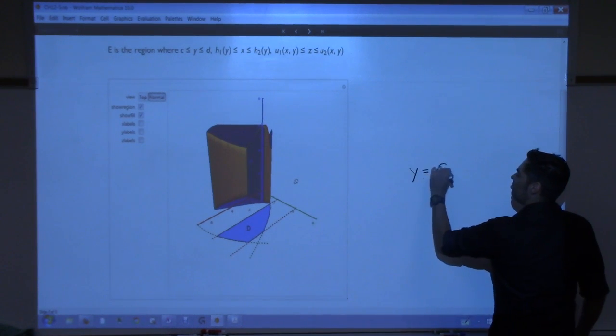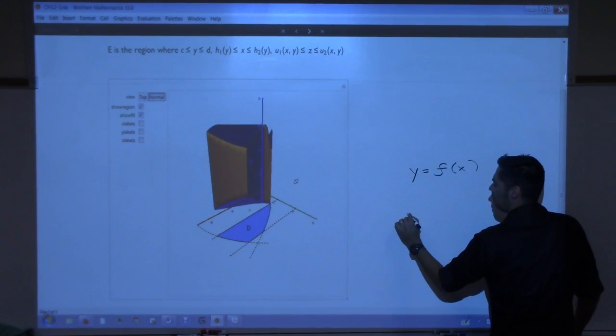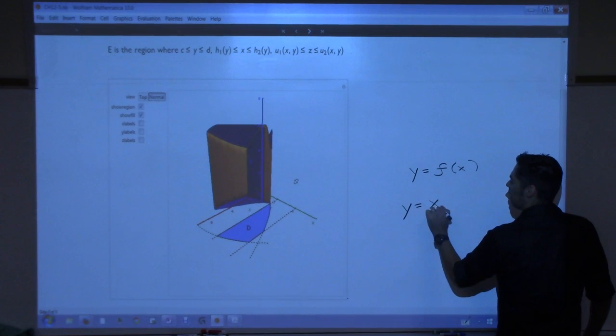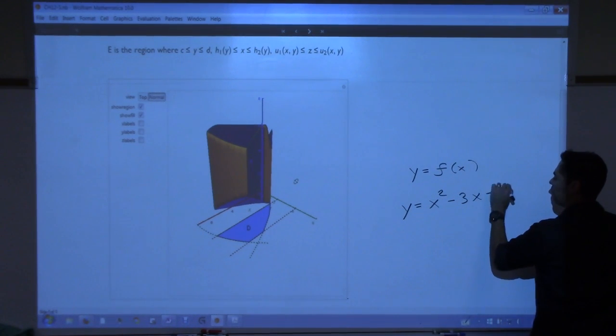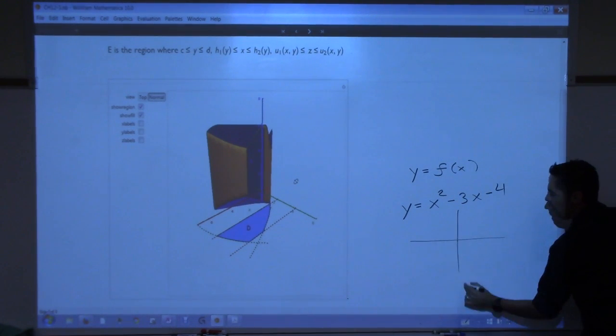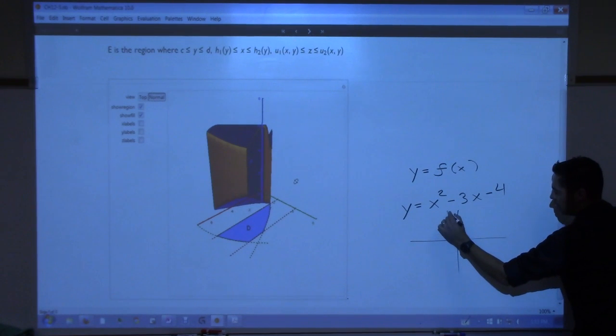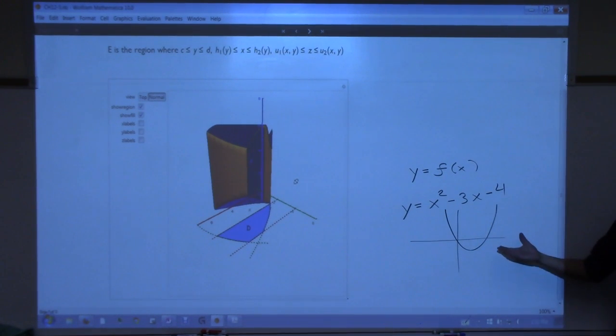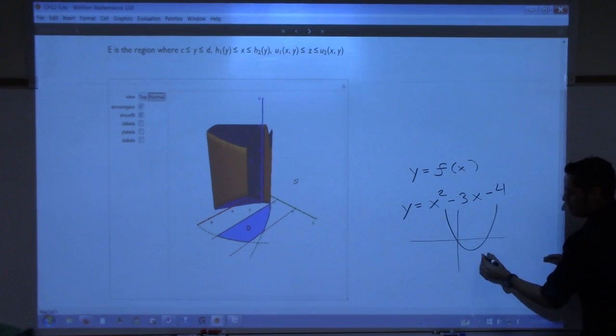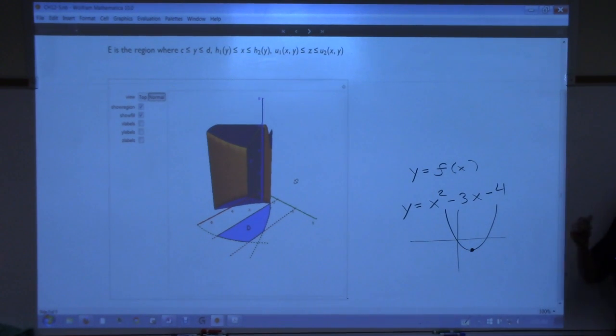Back in Cal 1, if I gave you a polynomial function, something like x squared minus 3x minus 4, we know that this is a parabola, right? It's got 2 x-intercepts. Who cares? But that's what it would be, right? And we would know it has a minimum, right? The domain of this function would be what? Everything, right? Because it's polynomial.